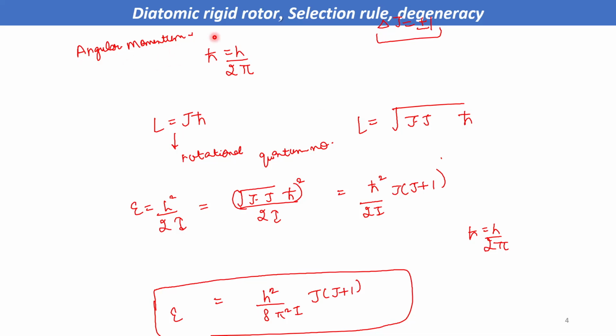Then we discussed why angular momentum is quantized, with h cut equal to h upon 2 pi. And then we calculated the energy, that energy is h cut whole square divided by 2I into J(J plus 1), or if we simplify h cut as h upon 2 pi, the energy will be h square upon 8 pi square I into J(J plus 1).